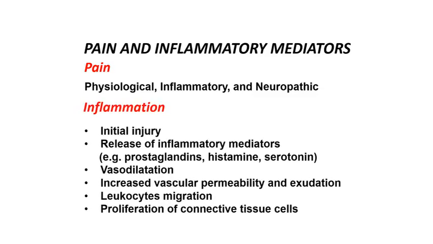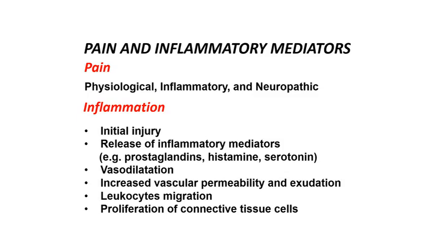Inflammation, as we all know, starts with an initial injury. This injury might be a burn, whatever the provocation, followed by release of inflammatory mediators. Inflammatory mediators, as you have already taken in pharmacology, can be prostaglandins, histamine, serotonin even.